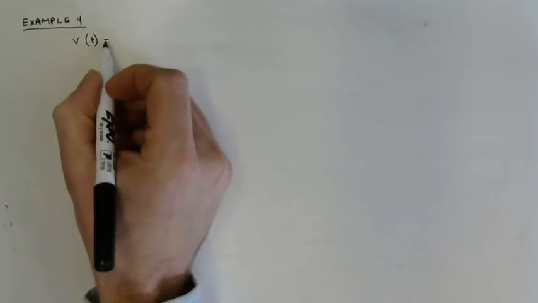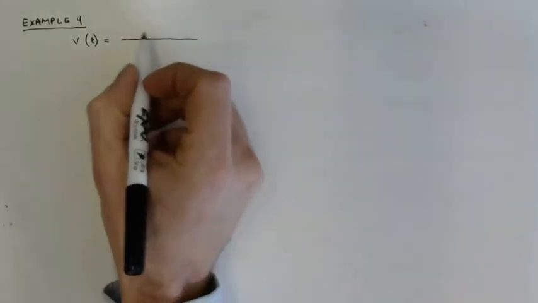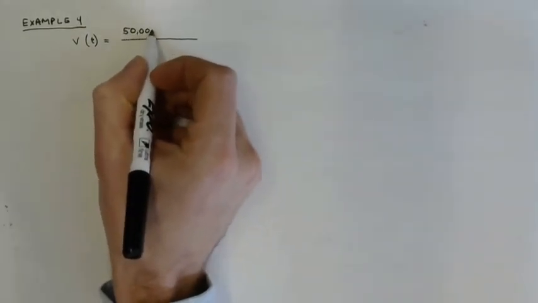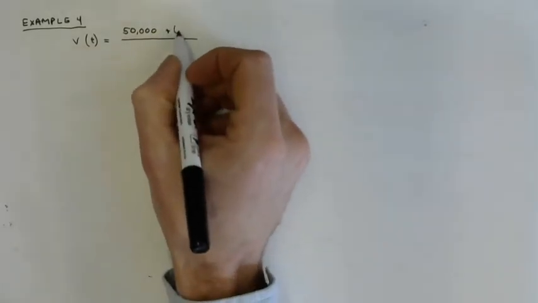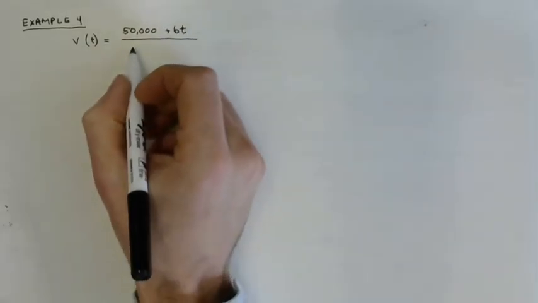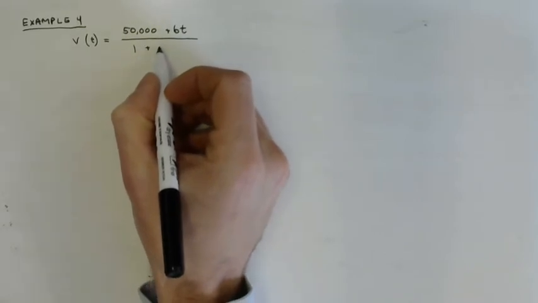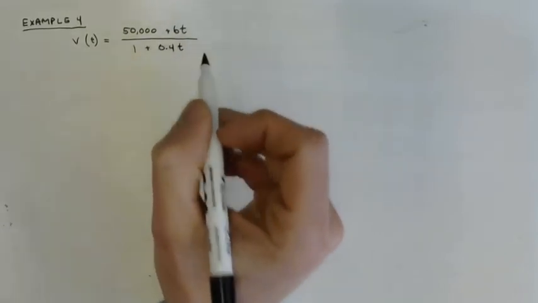Okay, example 4 has to do with the price or cost or value of a new car t years after it is purchased. So it's depreciating in value, and that is represented by the function v with respect to t, value with respect to time, is equal to 50,000, it's a nice car, plus 6t over 1 plus 0.4t.